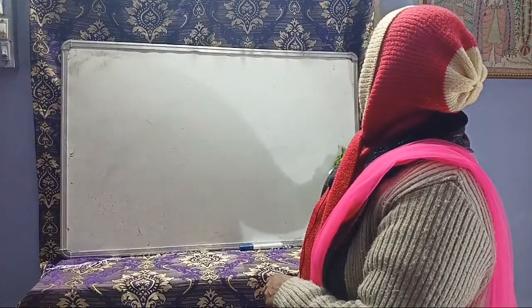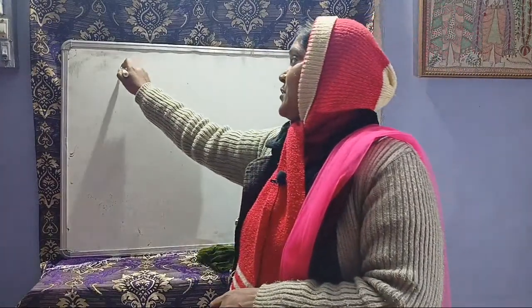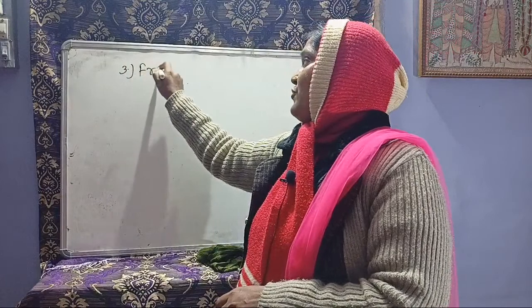The third method of asexual reproduction is fragmentation.